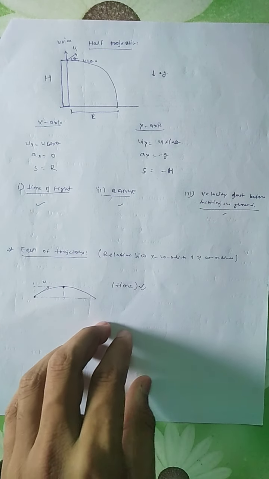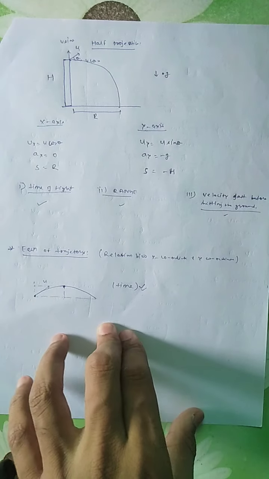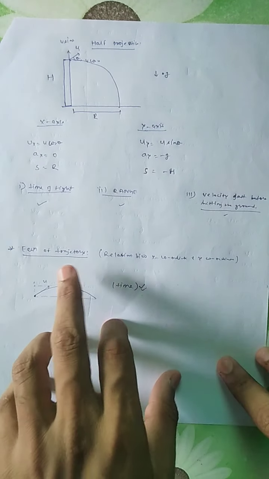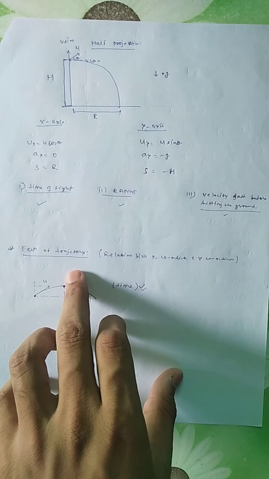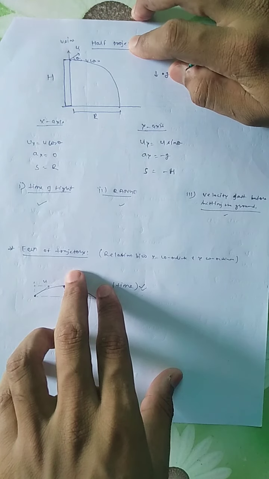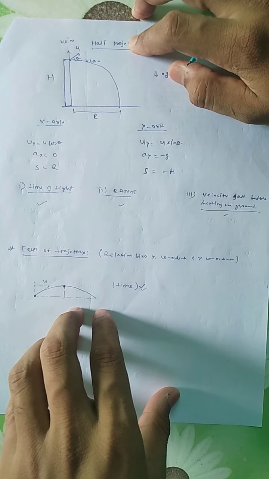Now the third and last topic of projectile is the equation of trajectory. First of all, what is the meaning of equation of trajectory? The equation of trajectory just gives us the relation between the x coordinate and y coordinate of the body during its motion. This is a particular type of problem.